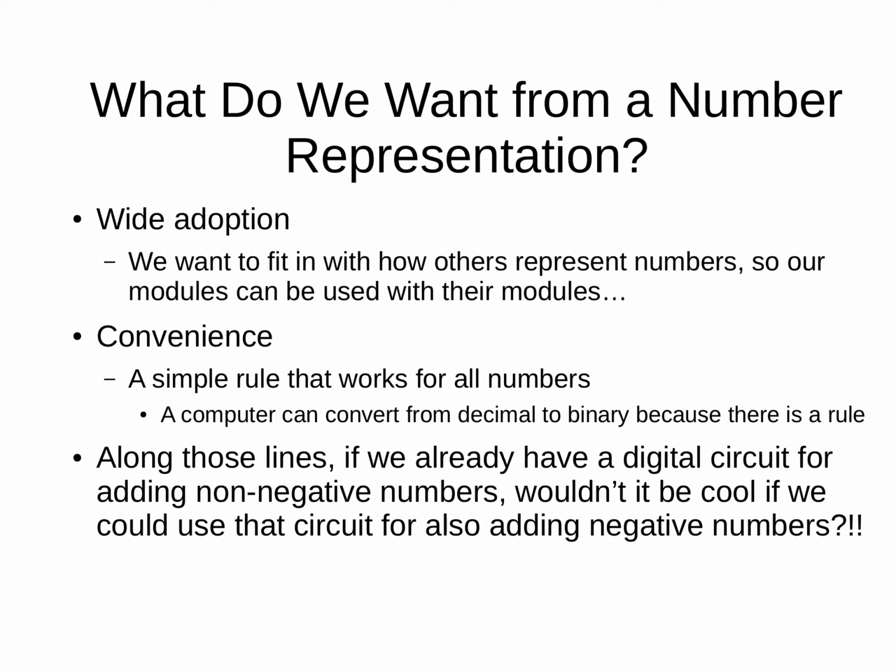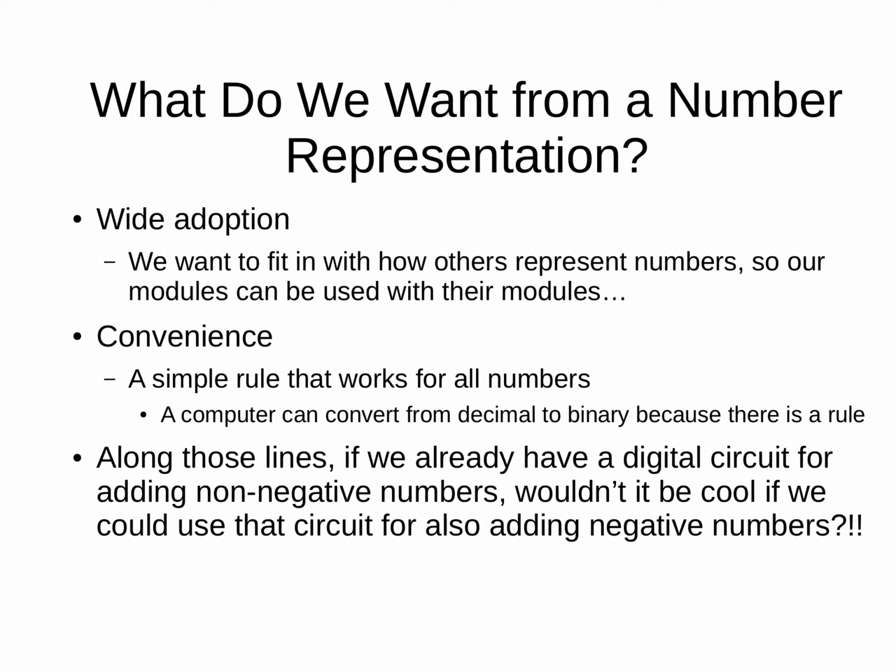So with this line of thinking, we can motivate a way of representing negative numbers by saying, if I already have a circuit for adding numbers together in binary, can I keep using that circuit to also add negative numbers? Is there such a representation out there for representing negative numbers such that existing adders will still work? That's the motivating question, and it turns out that yes, there is.